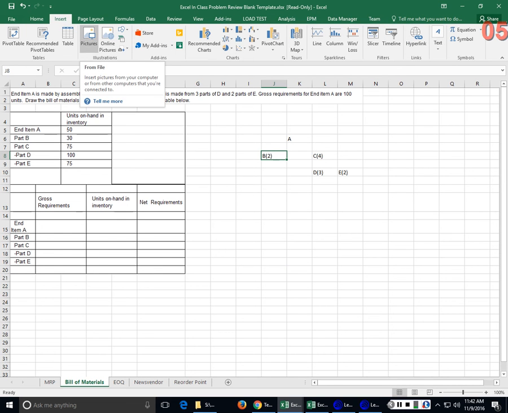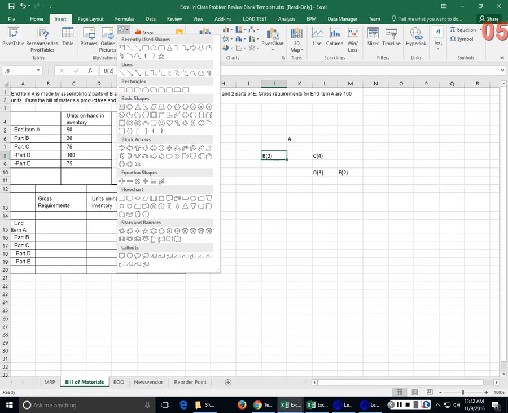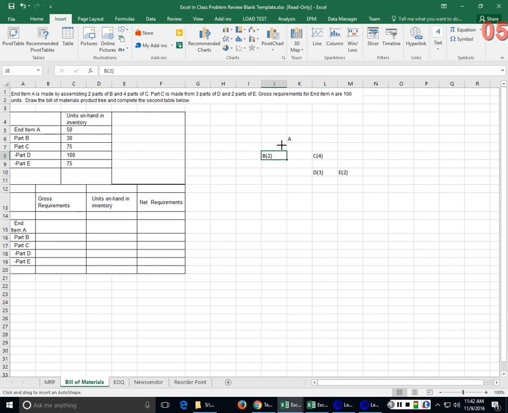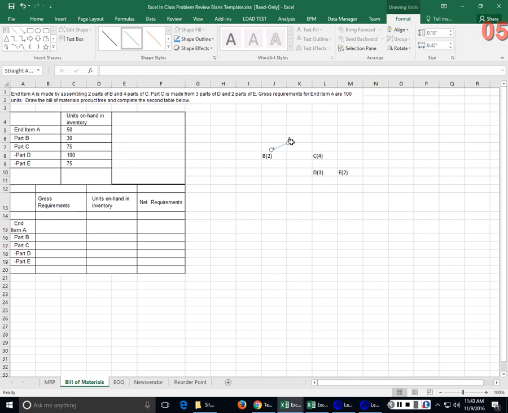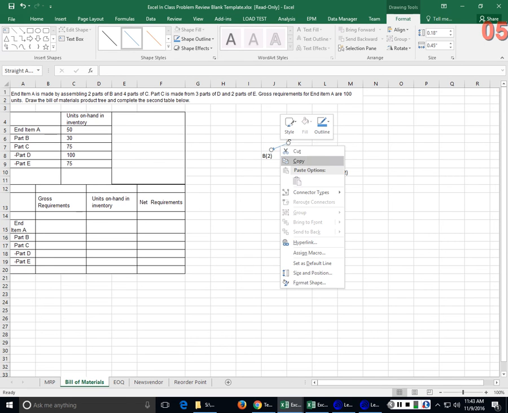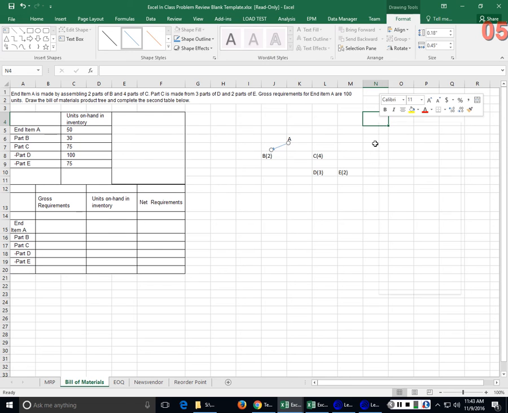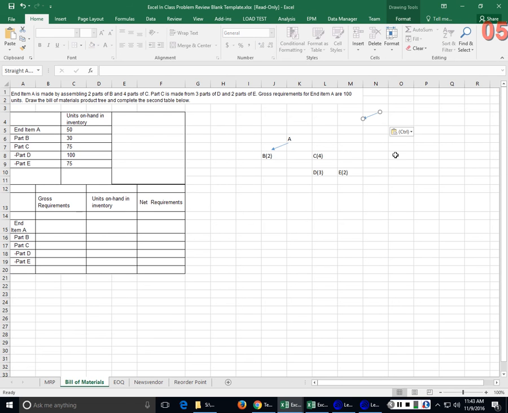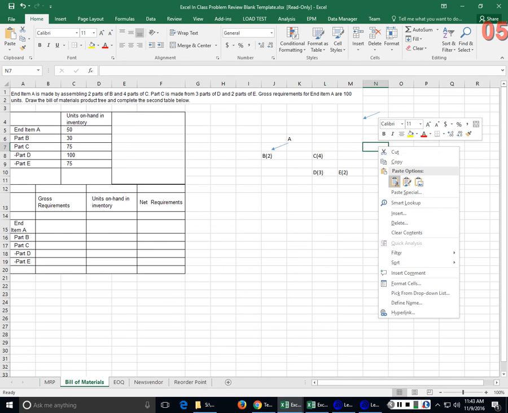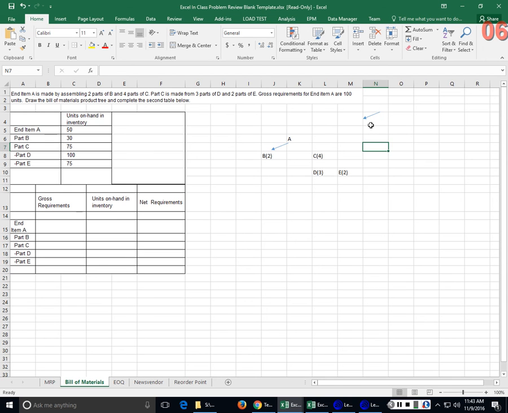So I want to insert an arrow so I can draw my arrows, boom, boom. A lot of times, if I'm doing it this way, I'll copy and paste that arrow however many times I need it. So I need it 3 more times.